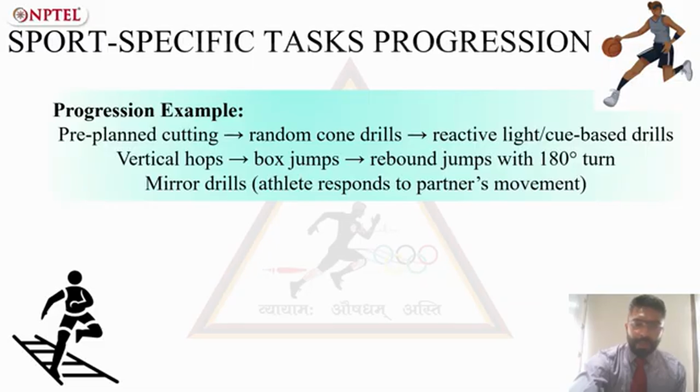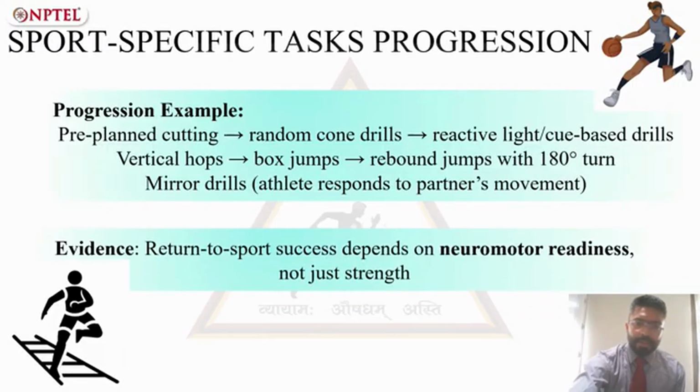In terms of plyometric movements, vertical hops followed by box jumps, followed by rebound jumps with 180-degree turns can be practiced. For reaction time, mirror drills, where the athlete responds to a partner's movement in the mirror, can be practiced. The evidence from various research studies shows that return to sport success depends upon neuromotor readiness and not just strength.